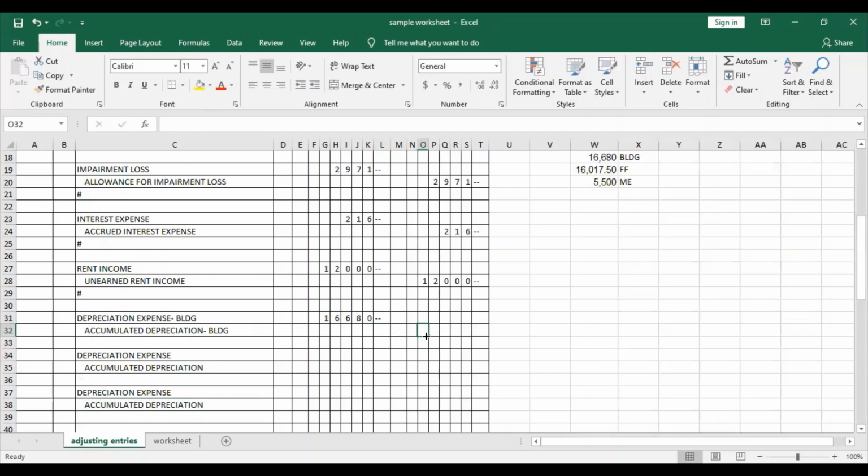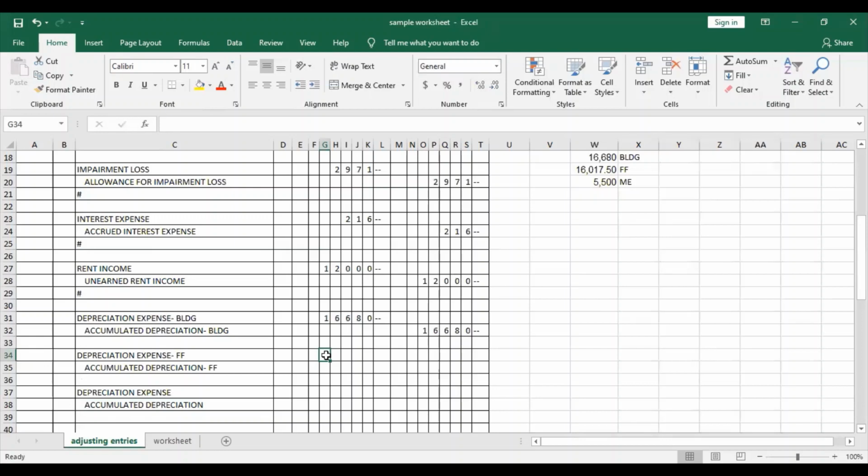For accumulated depreciation, 16,680. For the furnitures and fixtures, ilalagay mo rin, lagyan mo lang ng dash para hindi ka malito. At least at the end of the year, when you prepare the financial statement, when you compute for the book value, accurate yung magiging sagot.